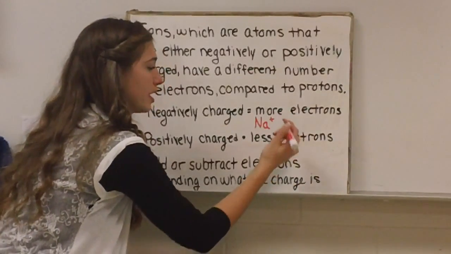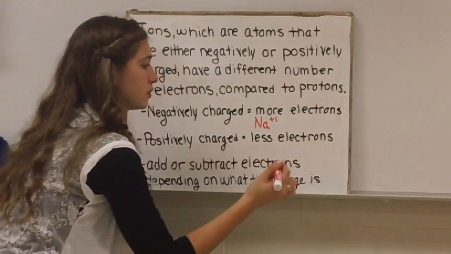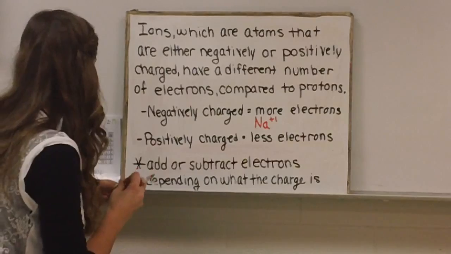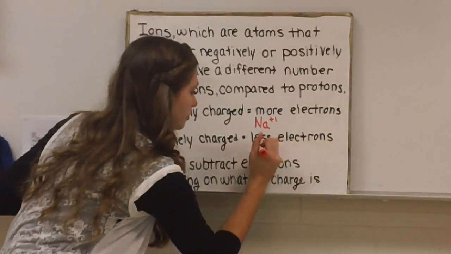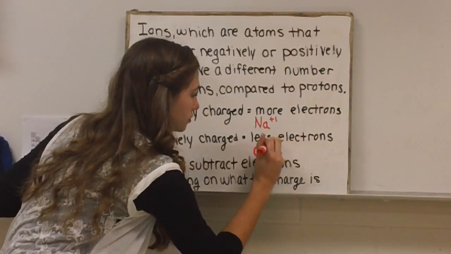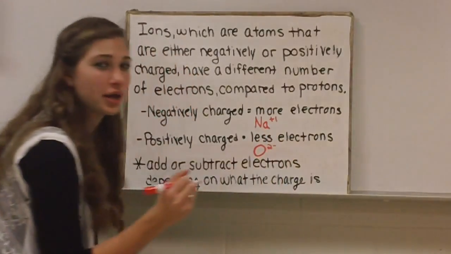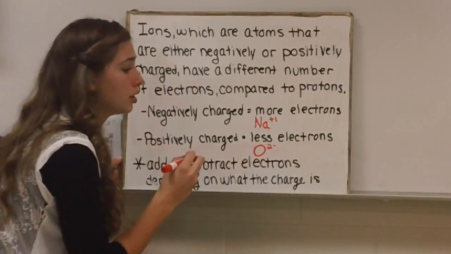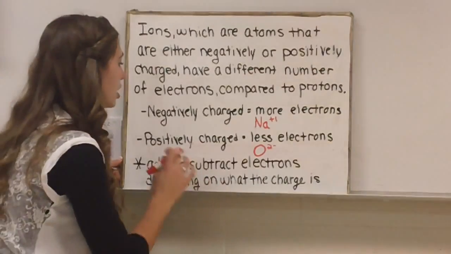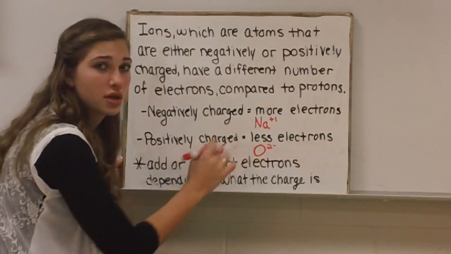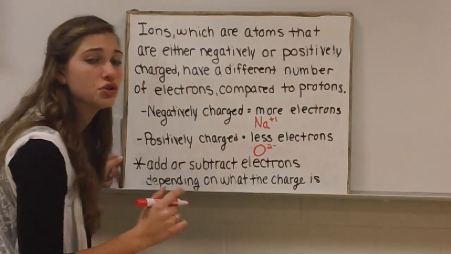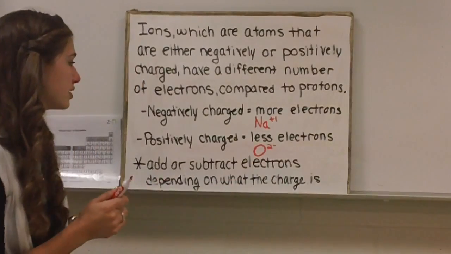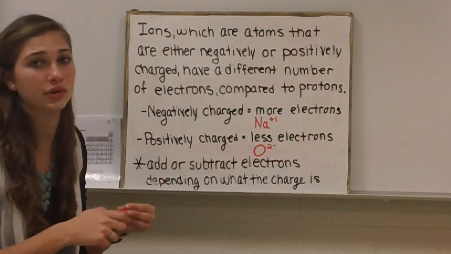So you can either signify that with a plus or a +1. Now if we go to oxygen, a common ion of it is O2-. Here, since it's negatively charged, there's more electrons, and the 2 signifies that there are 2 more electrons. So you're going to add or subtract electrons depending on what the charge is.